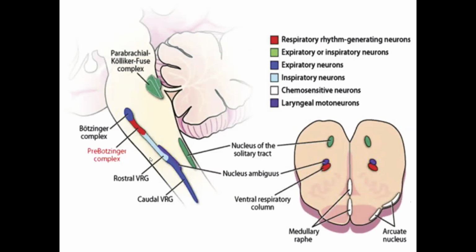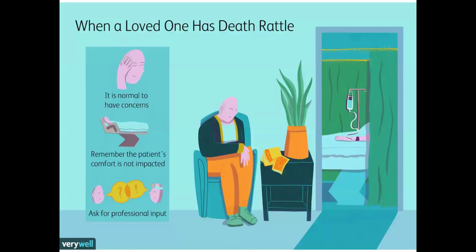What it does is work on the Bötzinger complex, which is part of the inspiratory center. It dampens this part of the brain and reduces the anxiety with breathlessness.